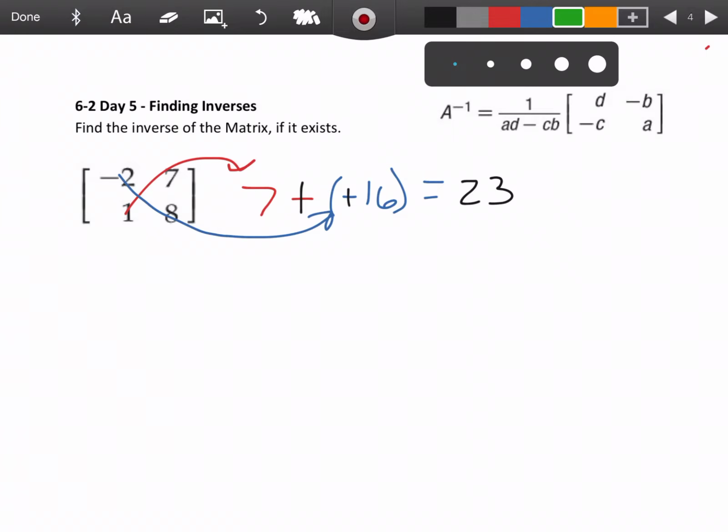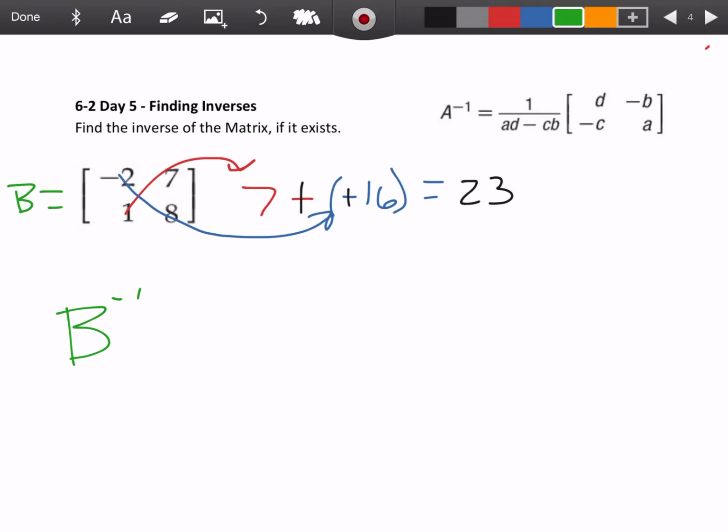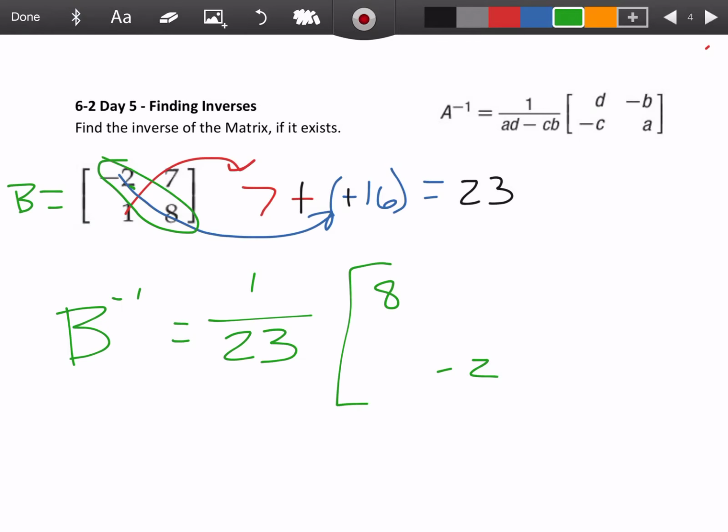So coming over here, let's call this matrix B. To find B inverse, we would say it'd be 1 over 23. And then we're going to multiply it by 8 up here, negative 2 down here. Remember, these two switch places. And then we have a negative 1 and a negative 7.